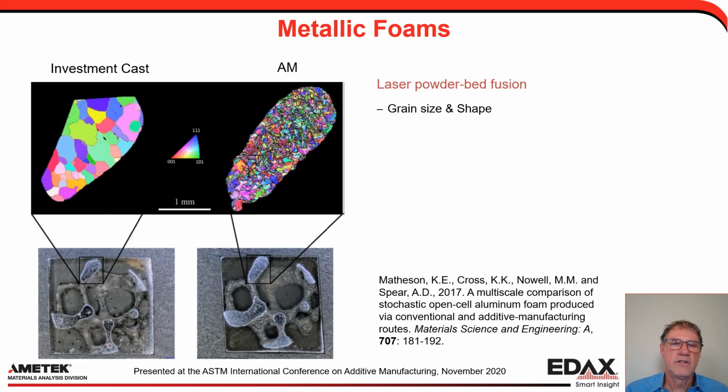As an example, here's a metallic foam that was made by Ashley Spear's group at the University of Utah. It's laser powder bed fusion. And you can see that on the left is the investment cast material, and on the right is the additive manufactured material. Very different microstructures, even though the foam itself looks almost the same.